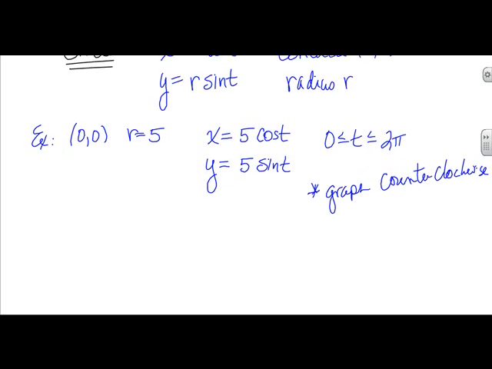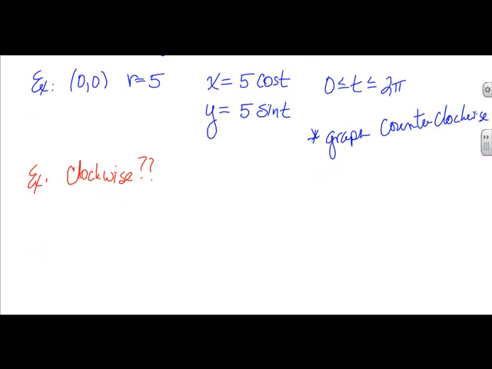So what could you change if you wanted the same circle, but you wanted a clockwise graph? What I suggest is you just want to think about the angles.